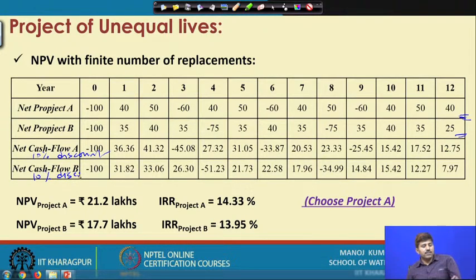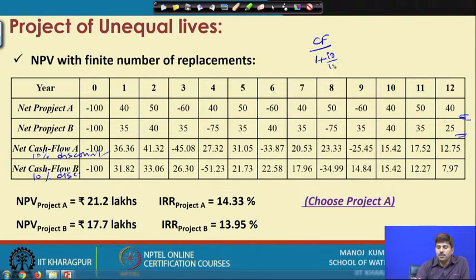So, the discounted cash flow for project A will actually be this, and we can estimate the discounted cash flow for project B. In a discounted cash flow we have cash flow divided by 1 plus whatsoever rate of return.